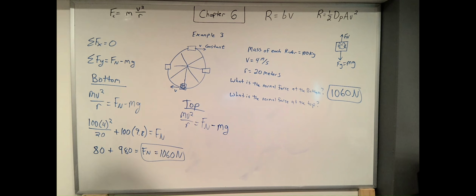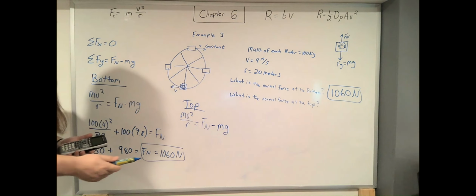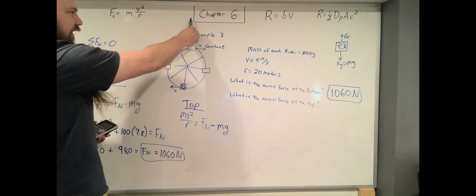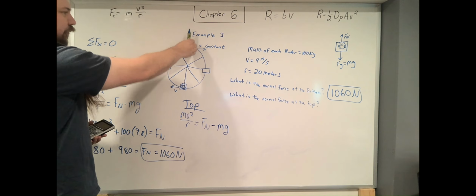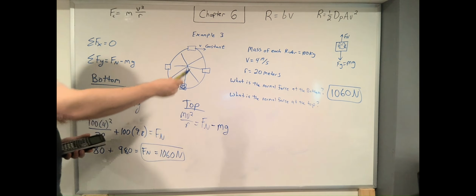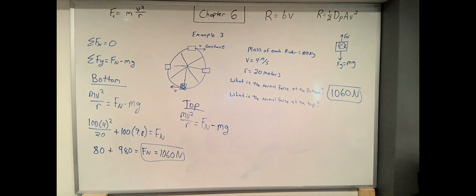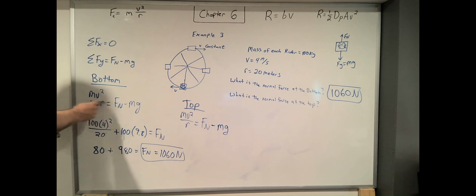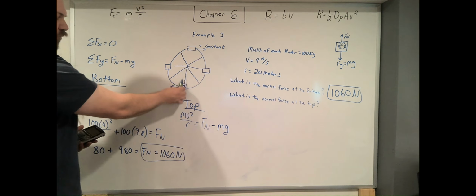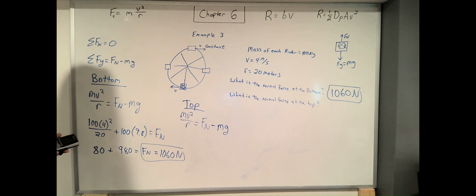There's a little tiny difference here, right? At the top, when the cart is up here at the top, what direction is the normal force pointing? It's pointing up. Which direction is the centripetal force pointing? It's now pointing down. Okay, so there's a change there. They're no longer aligned. At the bottom, they both point towards center seeking.